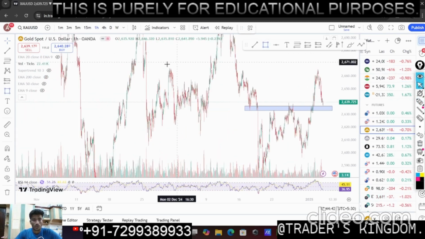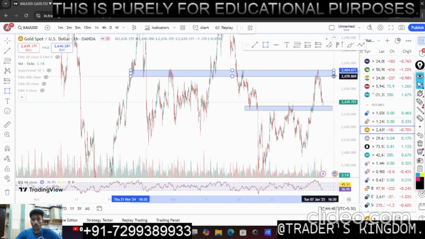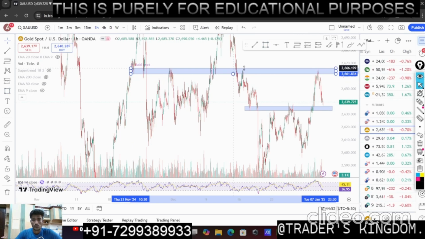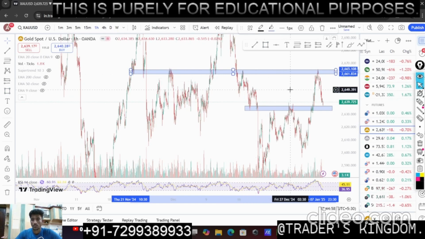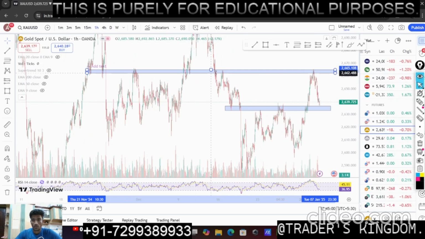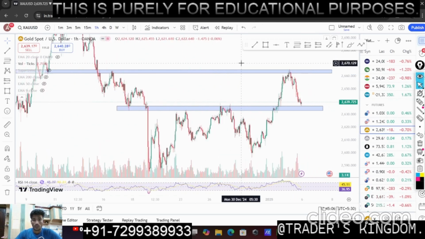The next zone I can spot is here at this point. It is not to be this big, so I will adjust this to a shorter length. Yes, this should work.